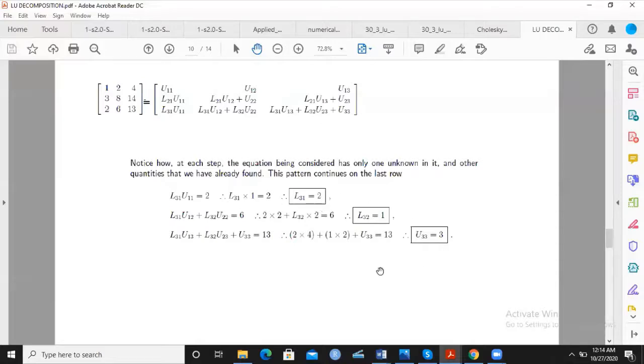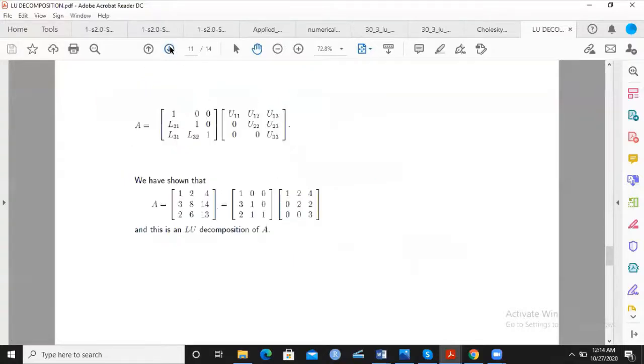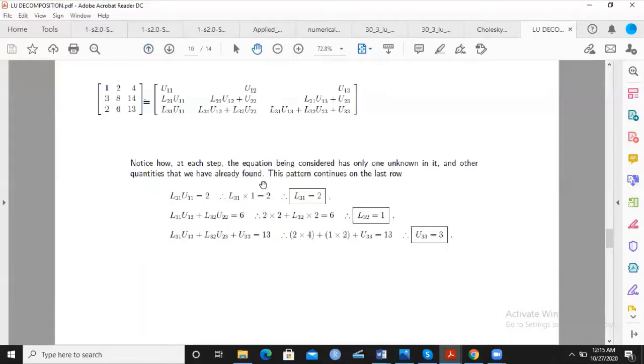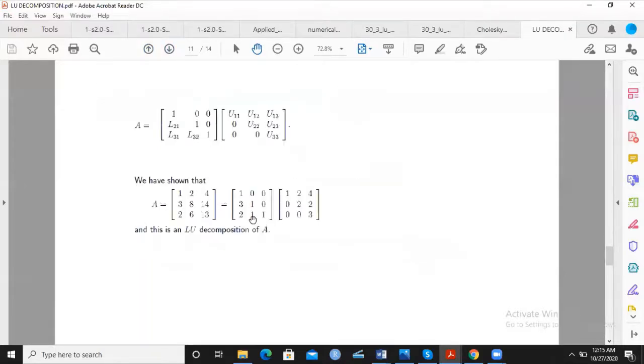Please bring a paper and a pen and solve it with me so that you learn how to find L and U. Right, now we are done. We have obtained A is equal to LU. I will substitute the L21, L31, L32 values that I obtained during the previous step, and I will get L and U. This is the first step of LU decomposition if you want to solve a system.